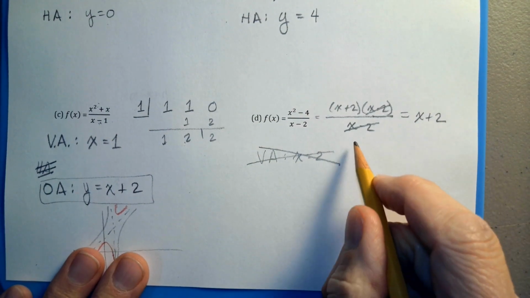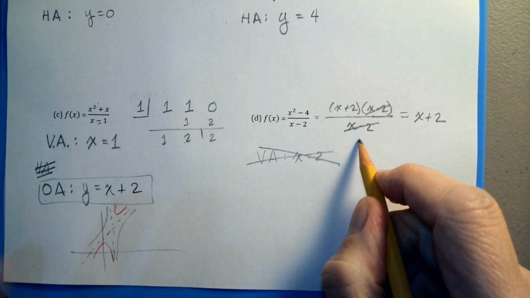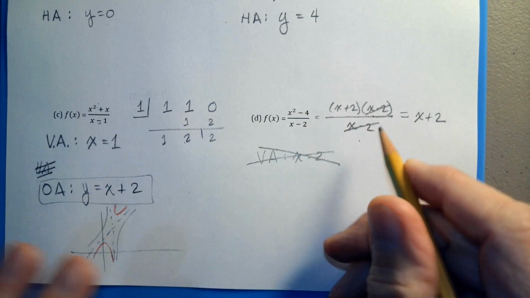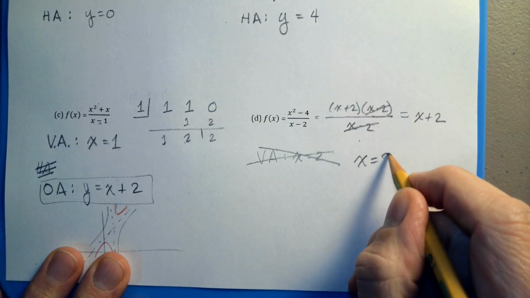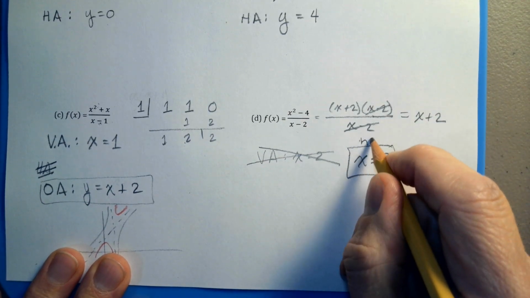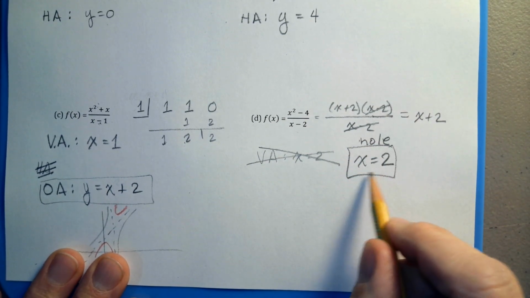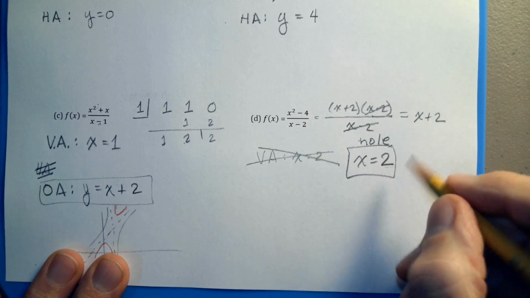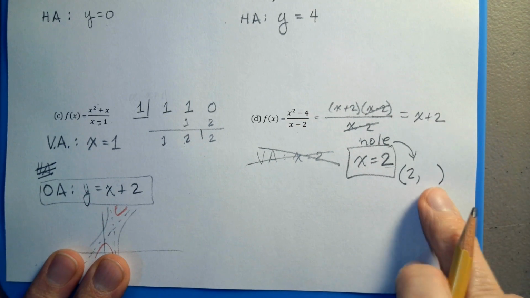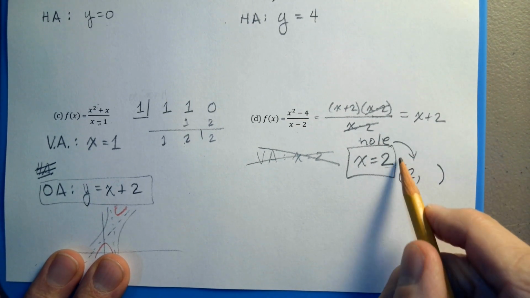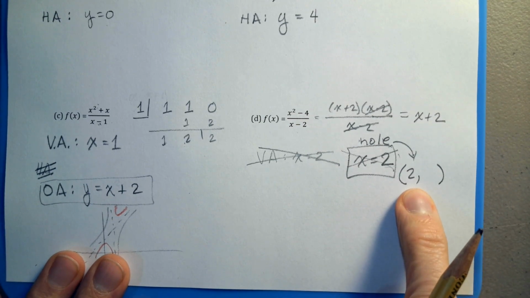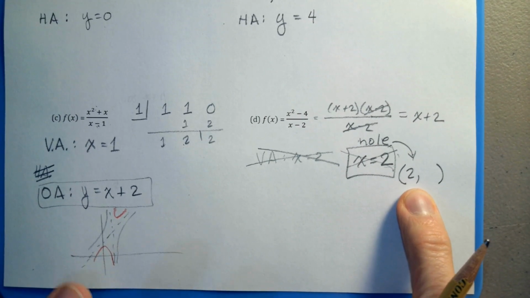All right, so this function is going to look exactly the same as this function, except there's going to be a hole. So at this point where the original denominator would have been 0, at x equals 2, we don't have a vertical asymptote. Instead, we have a hole. And a hole, that looks more like an equation than a hole. A hole is going to be a point, so we won't say x equals 2 is the hole, we'll say where's the location of that hole, or where's the point that's missing from the graph.